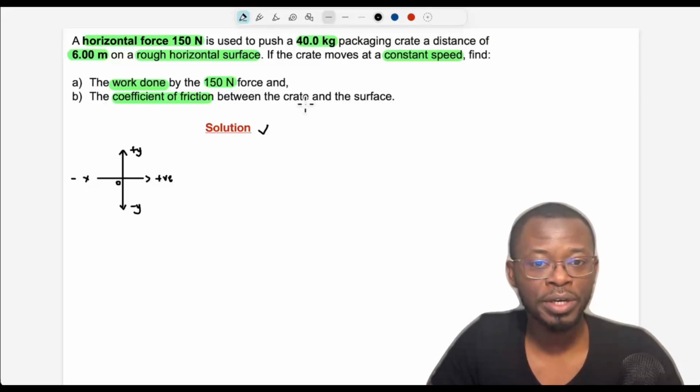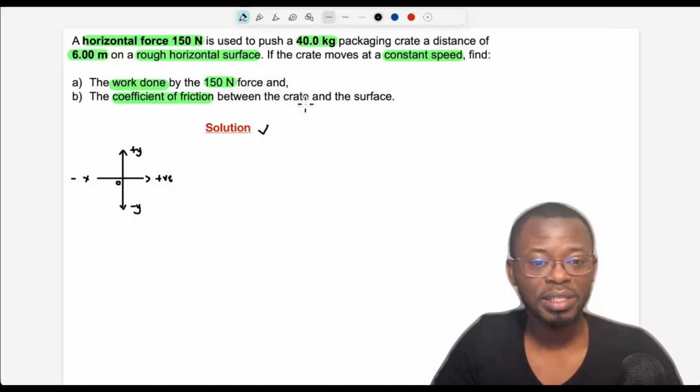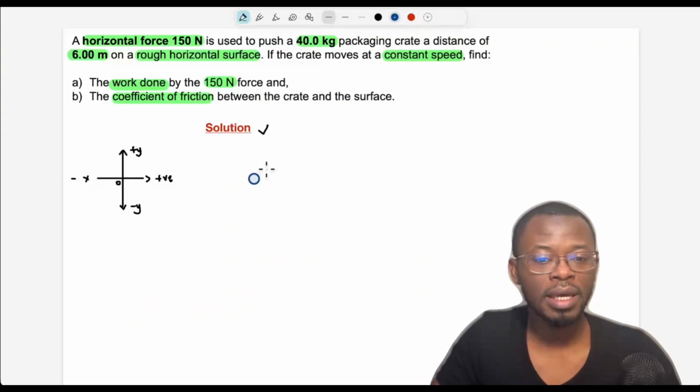A free body diagram is a simplified model where we represent the packaging crate as a point particle and then indicate all the forces acting on this packaging crate in their respective directions. So to do that, I'll first draw the packaging crate as a point particle, and then we know the first force we can think of acting on this object is the weight of the object, which points vertically downwards.